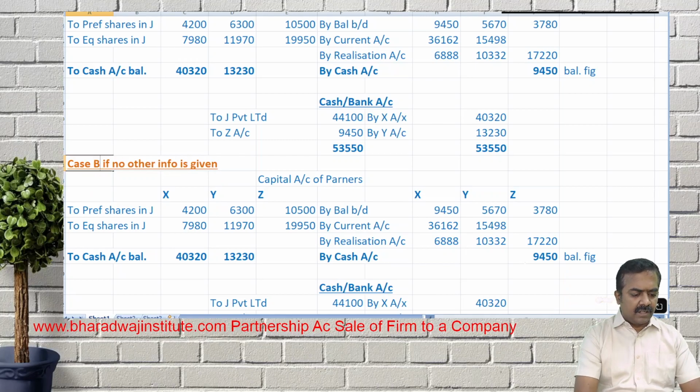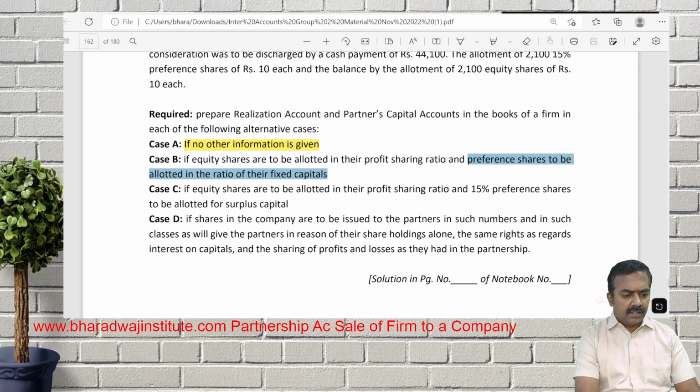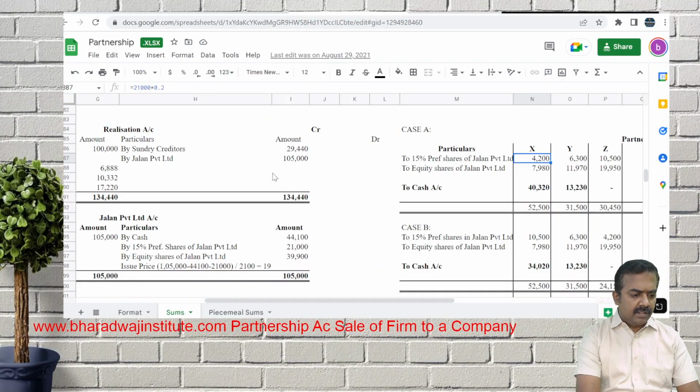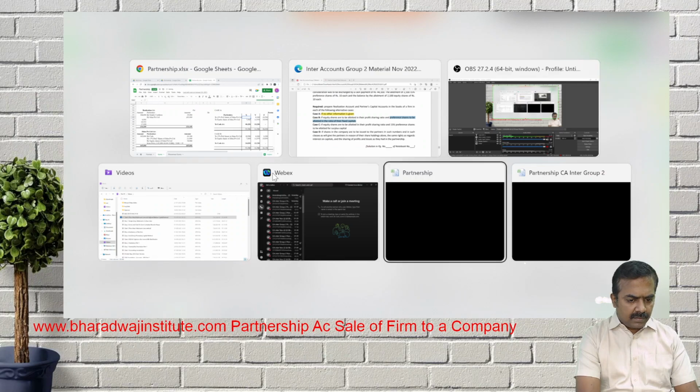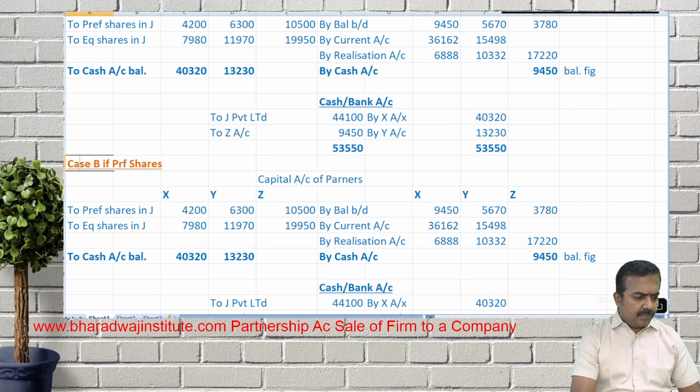Case B, if equity shares or preference shares are taken in fixed. Equity shares are in which ratio? Profit sharing ratio.